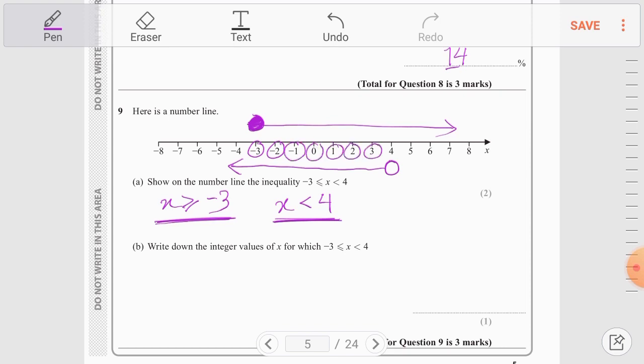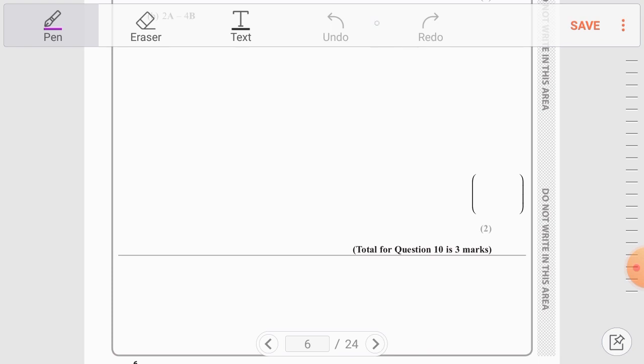So these are the integer values of x. So x is -3, -2, -1, 0, 1, 2, 3. I hope question number 9 was clear. Moving to question number 10.